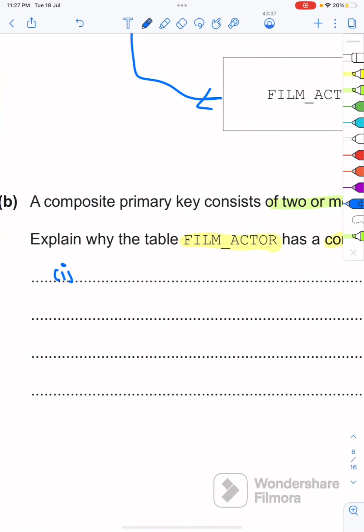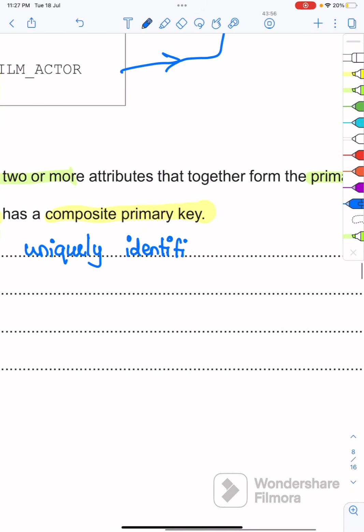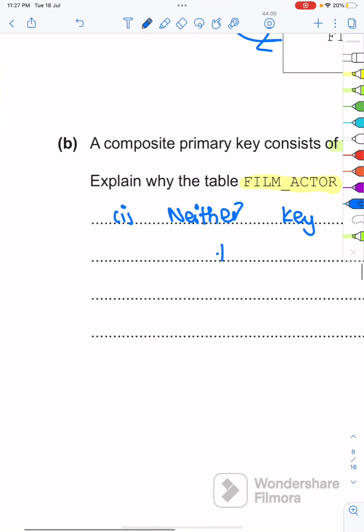The first thing is that neither key uniquely identifies each tuple by itself.